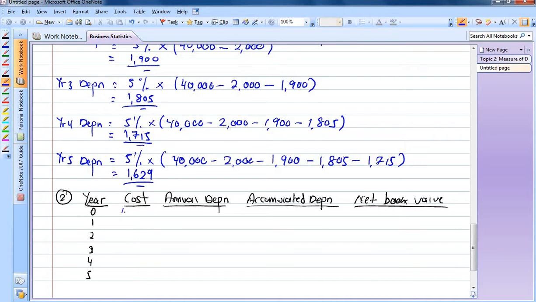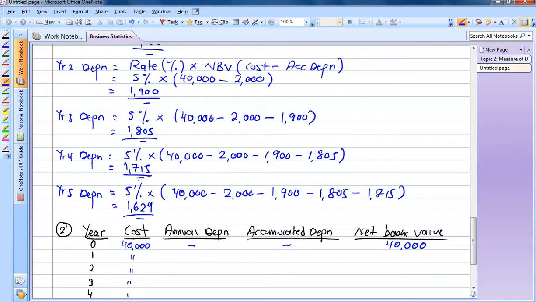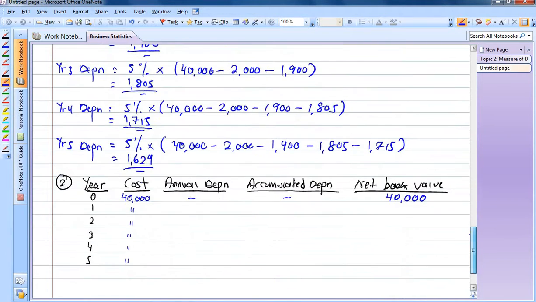As usual, every year the costs are the same. It won't change, correct? Year 0, no depreciation, so the same value. Annual depreciation is the working that we did here, so you just copy and put it in your table. So first year is 2,000, second year is 1,900, third year 1,805, fourth year 1,715, fifth year 1,629.